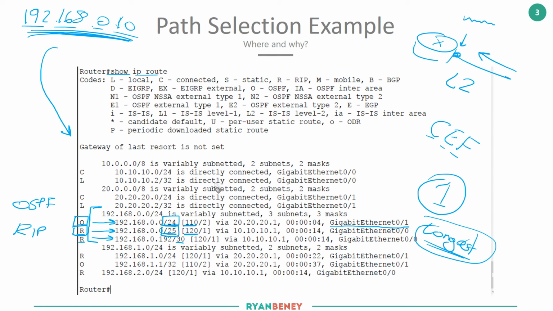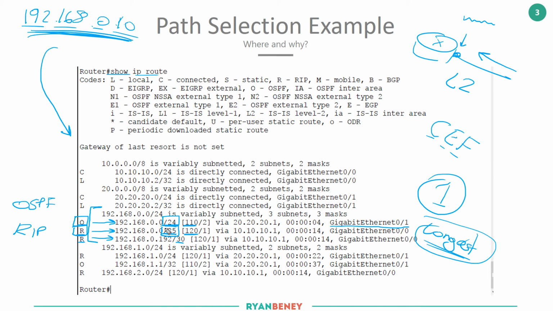So what I mean by that is we know a /25 is half of a /24, which means it's 128 IPs versus 256 IPs, minus 2 of course. Then we know that the /25 is more specific or a longer match, and therefore that path would be preferred.